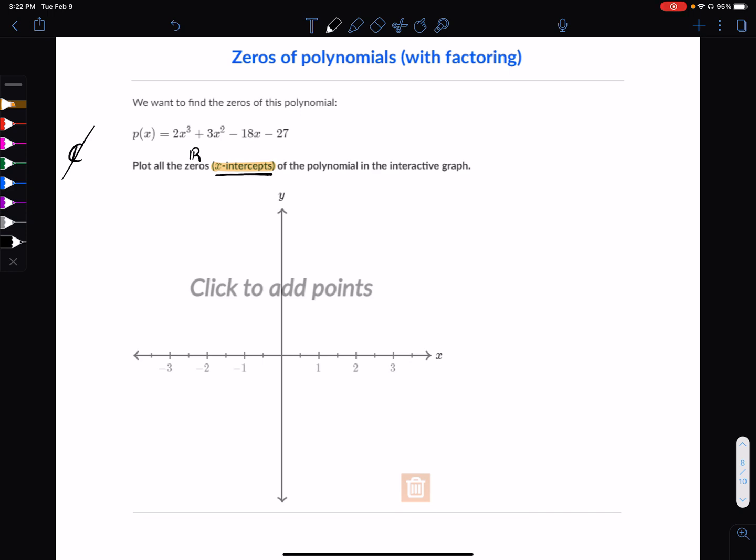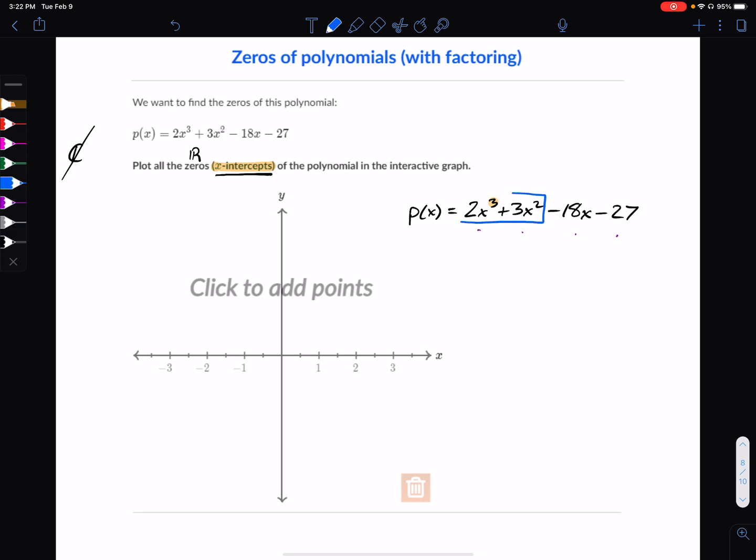Okay, so our task is to factor, if we can, this 2x cubed plus 3x squared minus 18x minus 27. Okay, so there's a big clue on this one that I want to hand you guys, because in the future, if you run into a cubic that has 4 terms like this, what you want to do is factor by grouping.